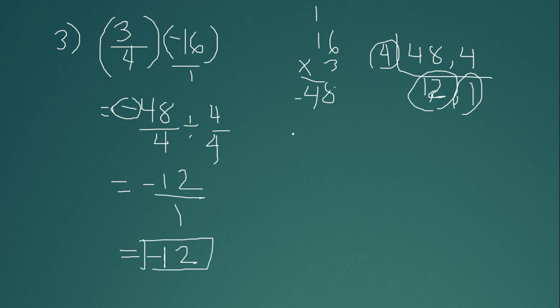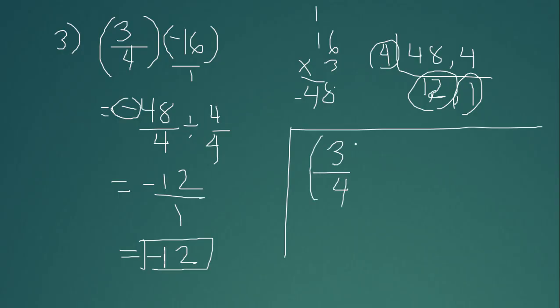Pwede din naman as cancellation method. Example 3/4, and this becomes -16. Ano ang dalawang factor ng 16? 4 times 4.